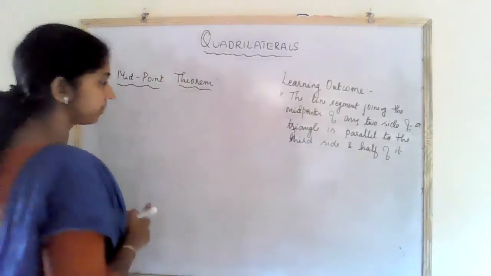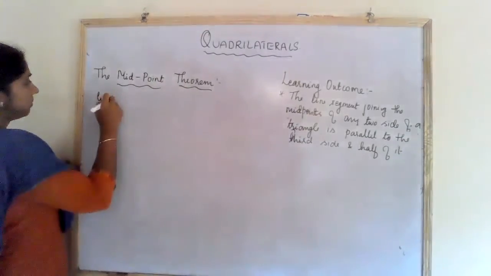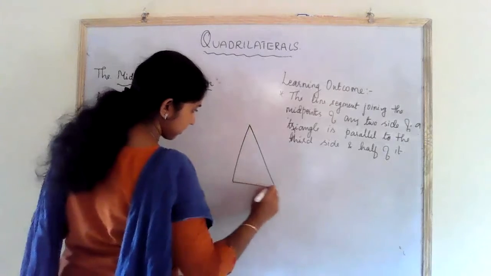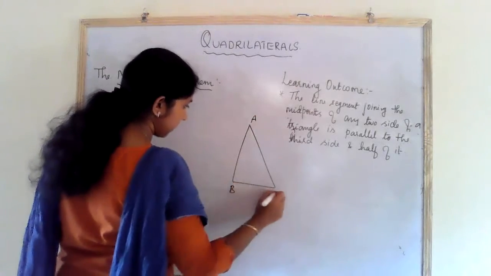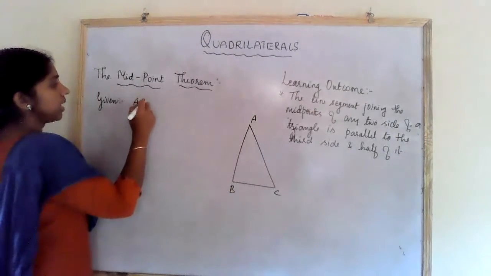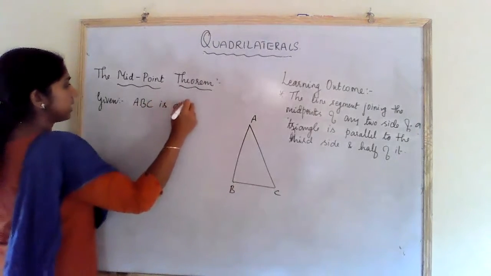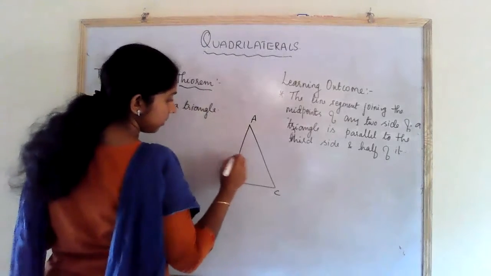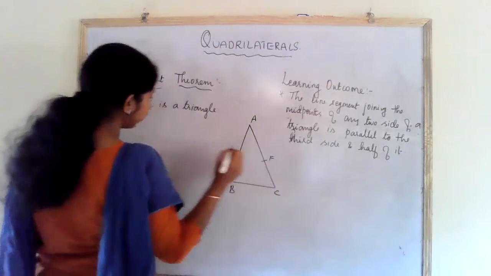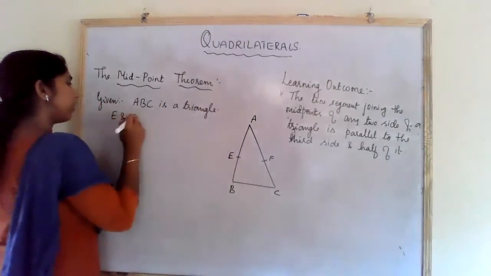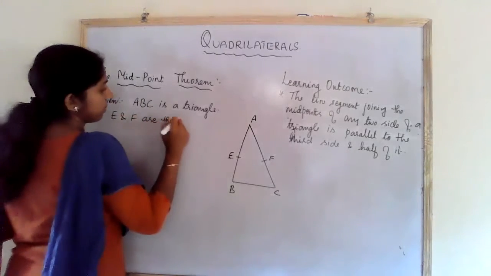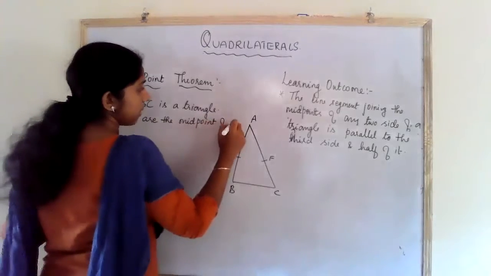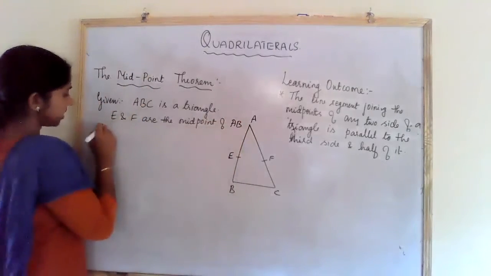We'll start with the proof. What is given? We have a triangle ABC. Given ABC is a triangle, E and F are the midpoints of AB and AC respectively.